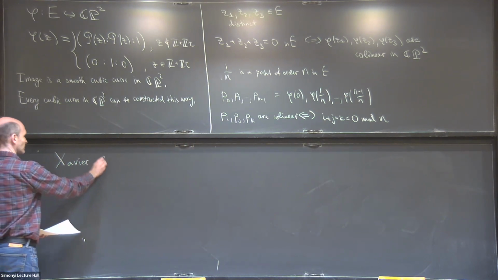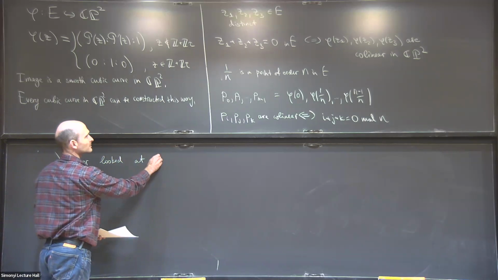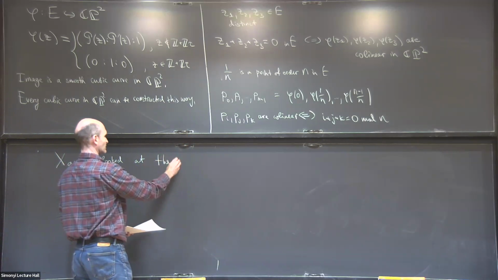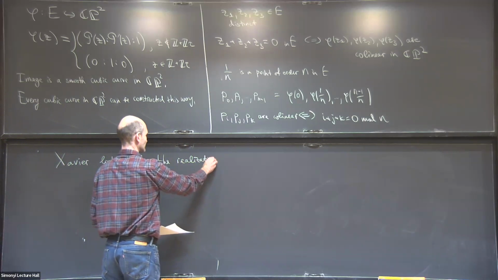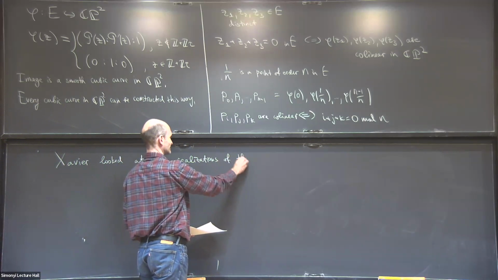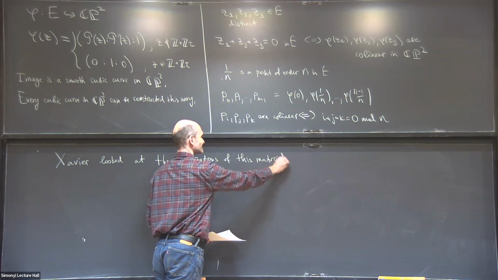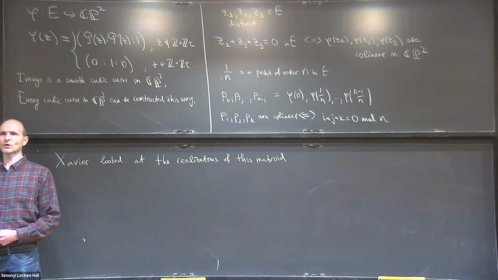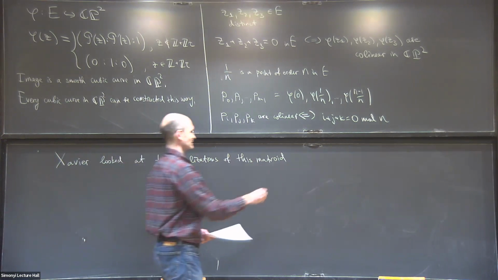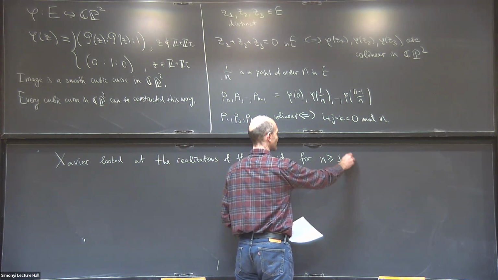Xavier looked at the realizations of this matroid. And there's some strange stuff happening for small n. So let's say for n greater or equal to 10.